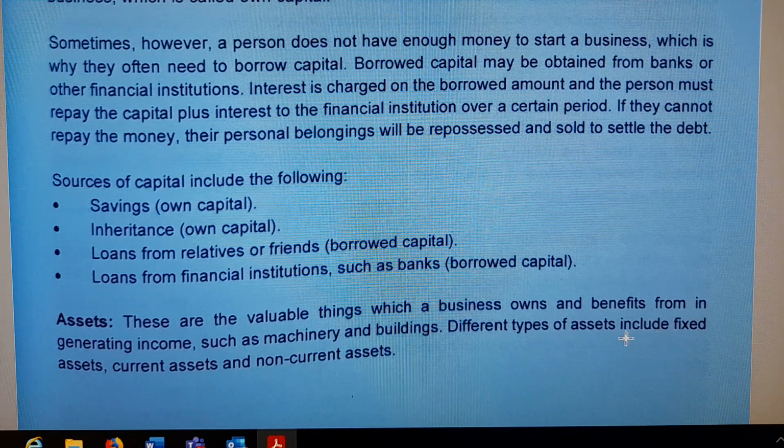Different types of assets include fixed assets, current assets and non-current assets. So assets are divided into three types: we have fixed assets, we have current assets, and we have non-current assets.